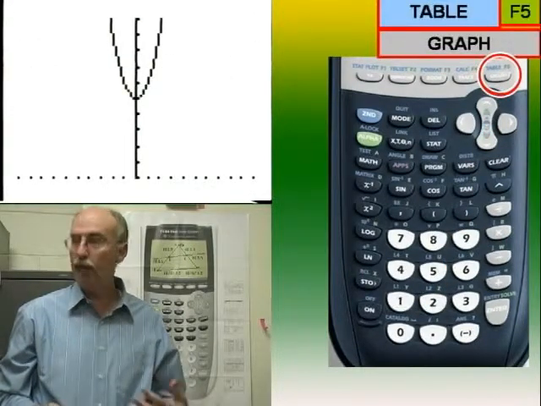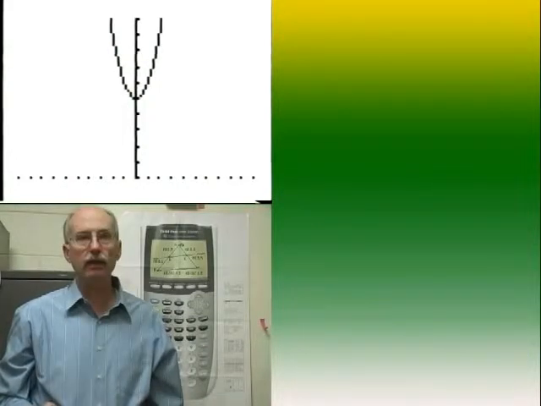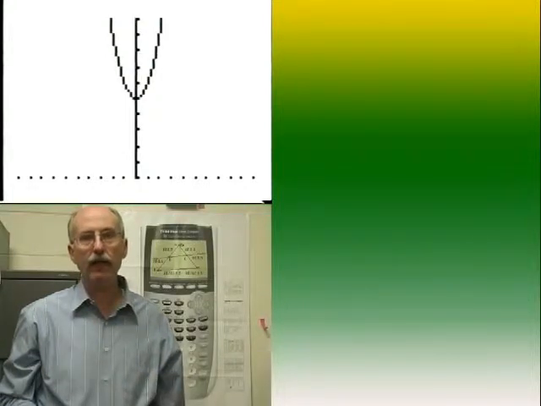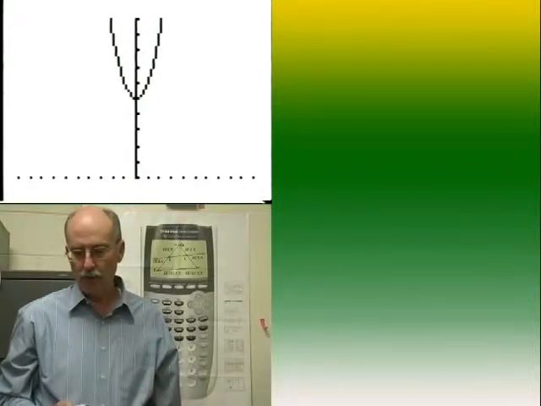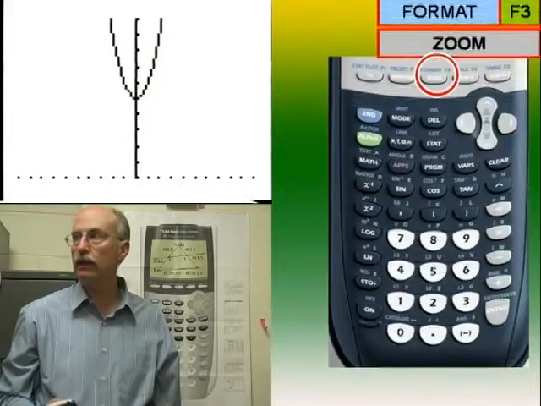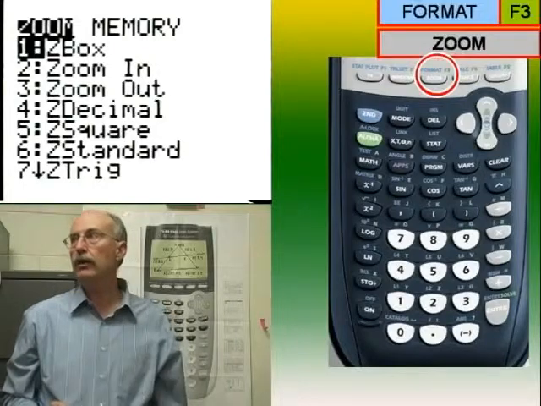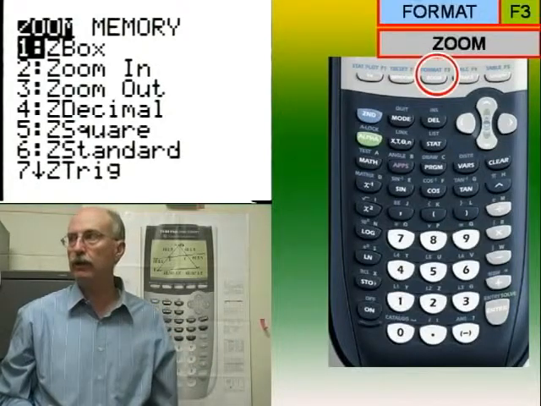And notice I've got the one function on, but not the other. Well, how can I return to that original screen without going back and manually re-entering what the screen is? One of the things I can do is hit the zoom key. Let's do that. On the zoom key, there are lots of different zoom options.